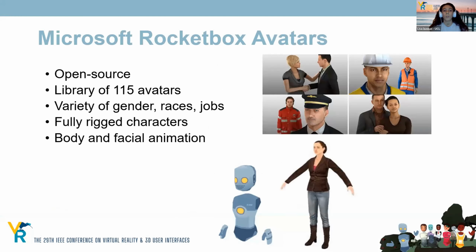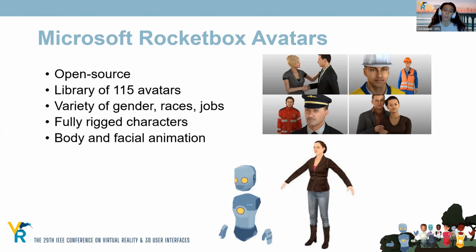So first of all, let me introduce the Microsoft Rocketbox avatars. That's an open source library that has been developed by Microsoft over the past few years and been used widely in the research area. It offers more than 100 avatars with different types of jobs, but also genders and races, which enable any type of different experiment and different avatars in your experiments.